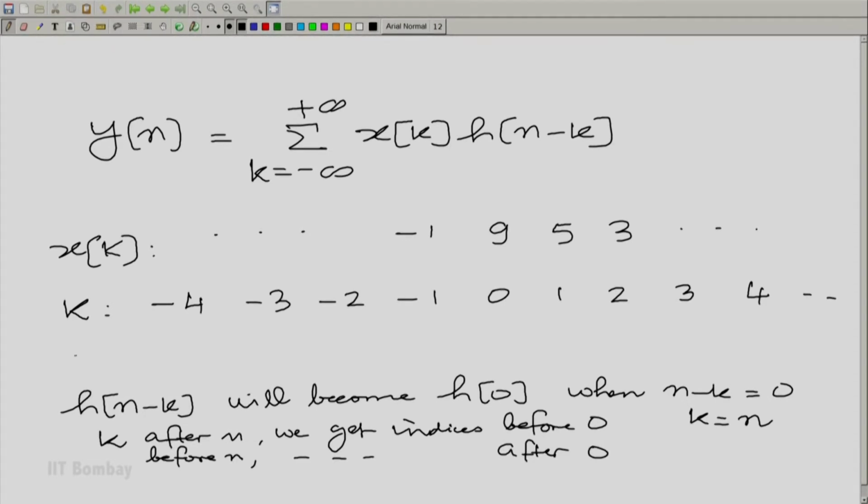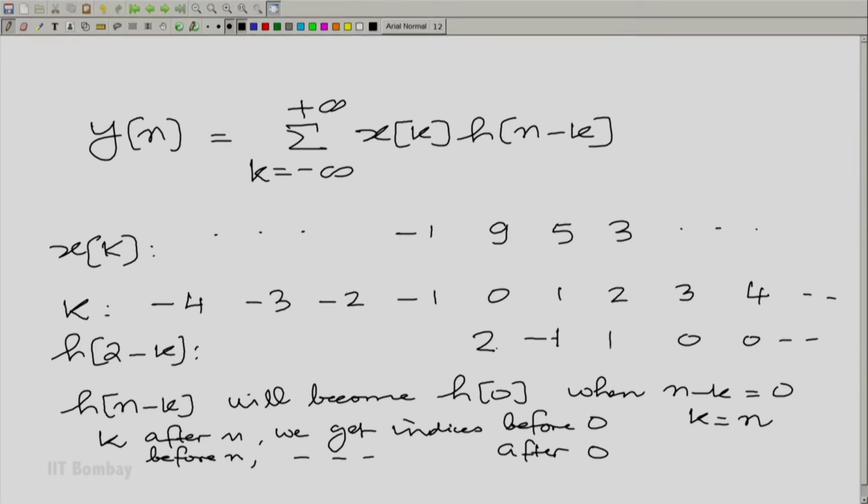So, let us for example put down h of 2 minus k. You see, at k equal to 2, that is here, we put down h of 0, which is 1. For k after 2, we put down indices before 0. So, indices before are all 0. So, we get zeros here. And for k before n, we get indices after 0. So, 0 here, 1 there and 2 here.